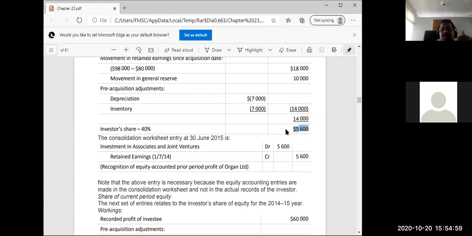How do you take the investor's share? 40% of 14,000. 5,600 is the journal entry: investment in associate joint venture debit 5,600, and retained earnings increased by 5,600. That is the story. Is it clear?